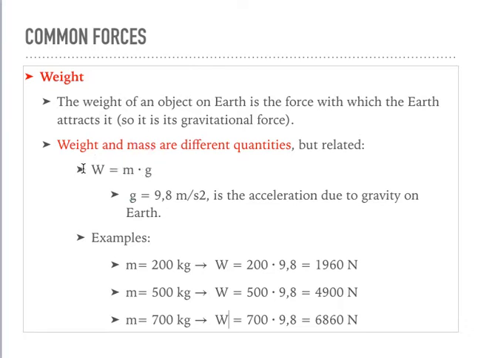But we have this formula to calculate it, and we say that this is the force, the gravitational force, weight, okay? And this is the mass of the object, and this is a small g. What is this small g? g is the acceleration due to gravity.